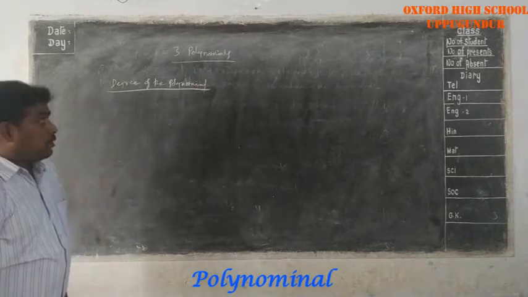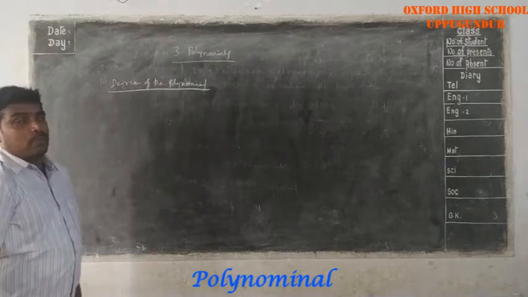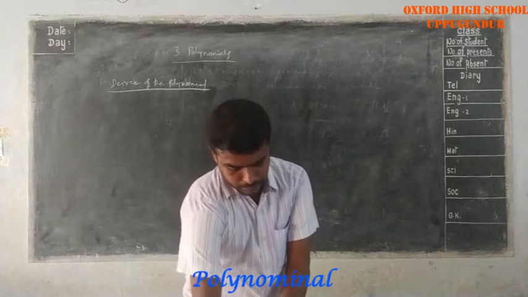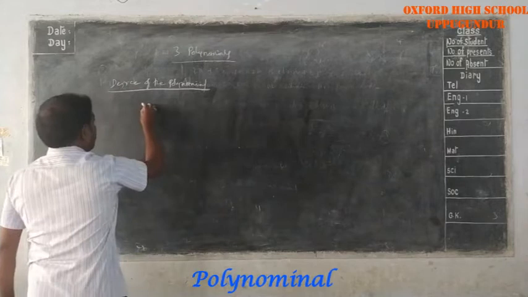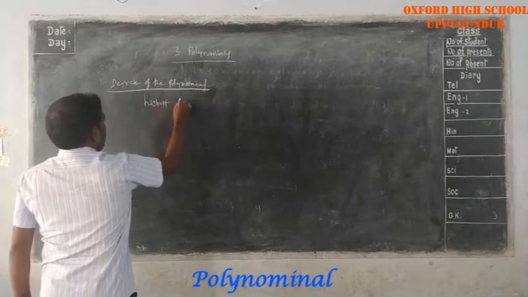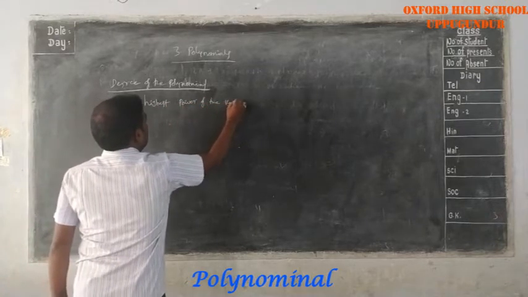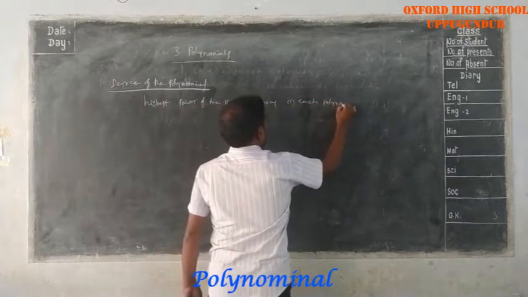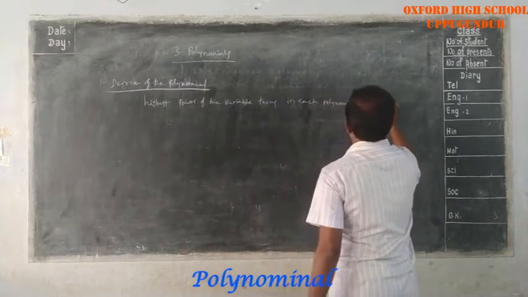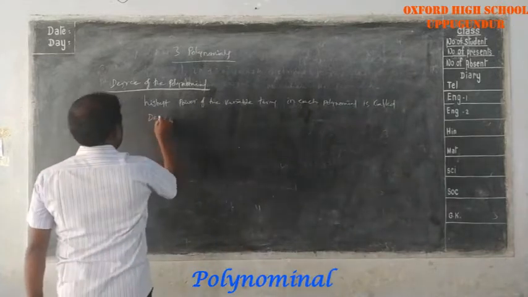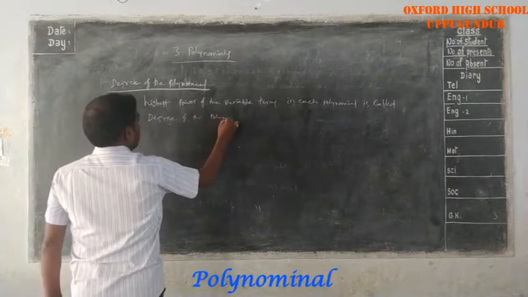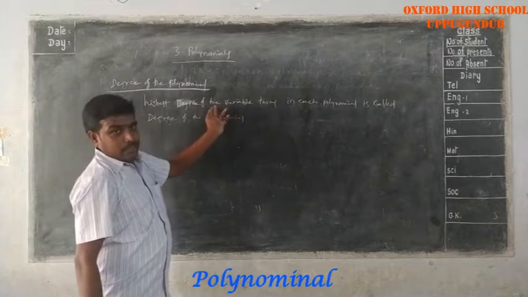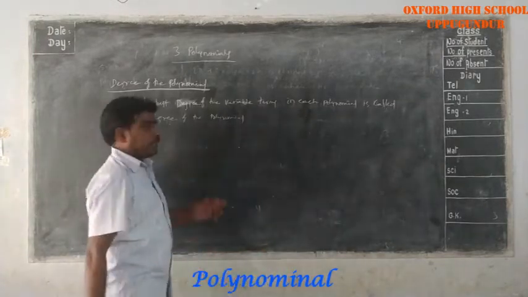Degree of the polynomial means the highest power of the variable terms in each polynomial is called the degree of the polynomial.